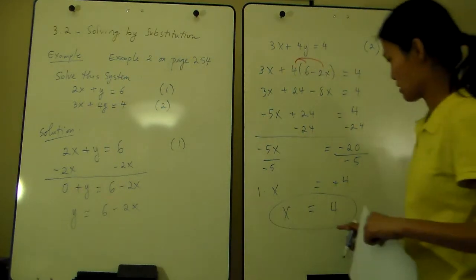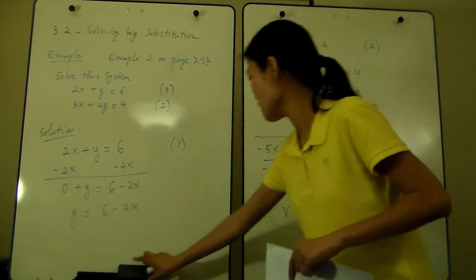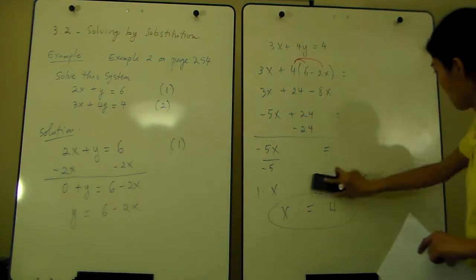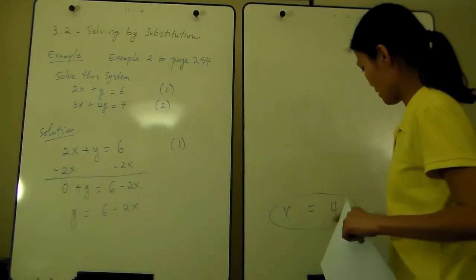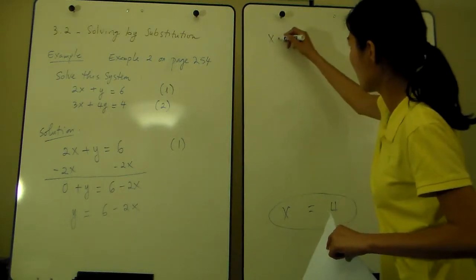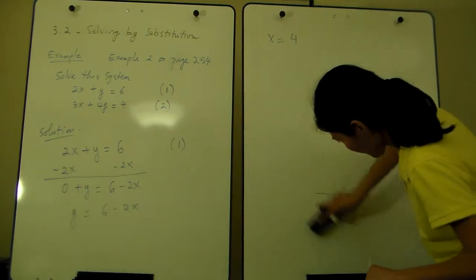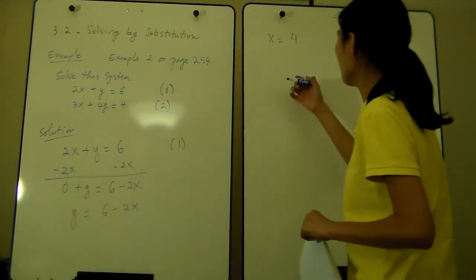So let's substitute x equals 4 into equation 1. Let me erase this part. So let me rewrite what we got so far. X equals 4. Okay. Now substitute x equals 4 into equation 1.